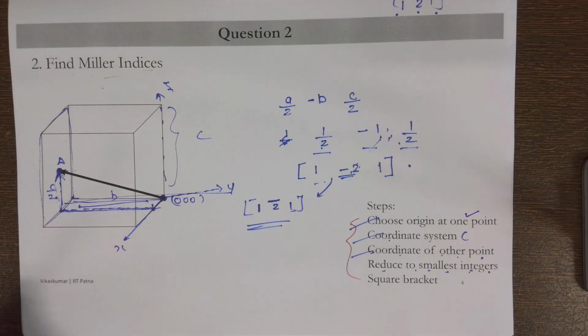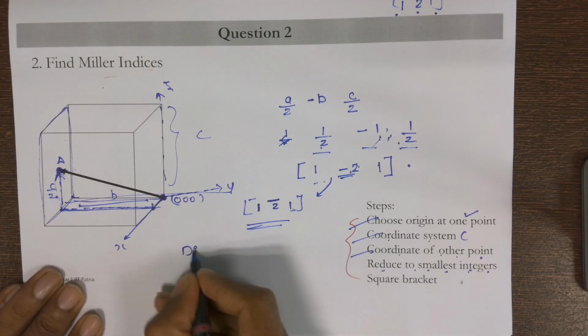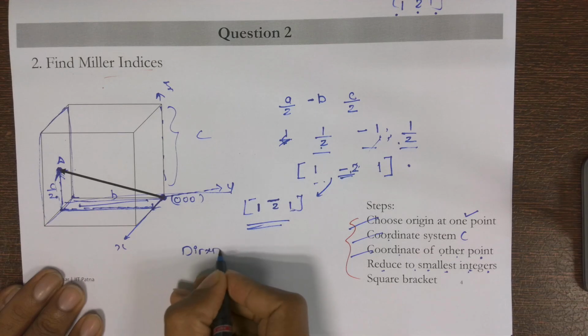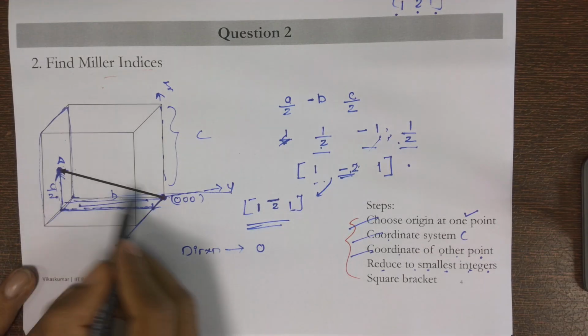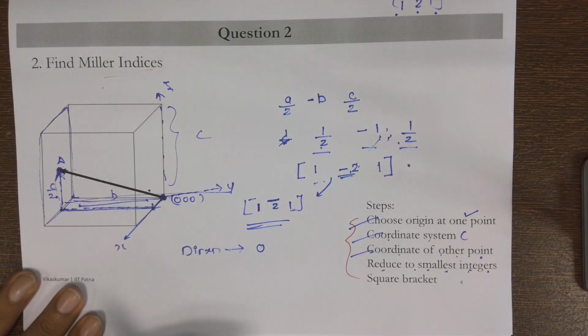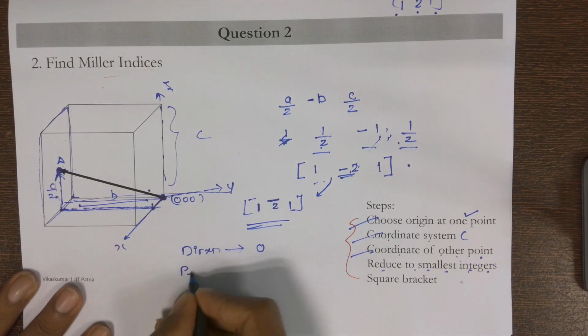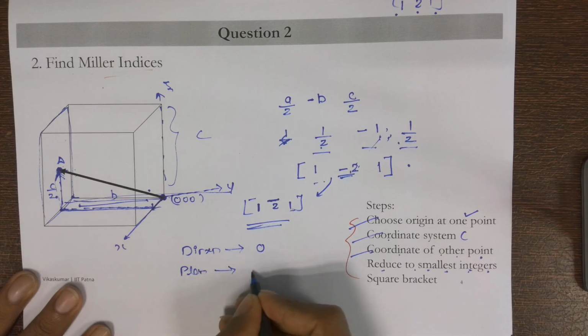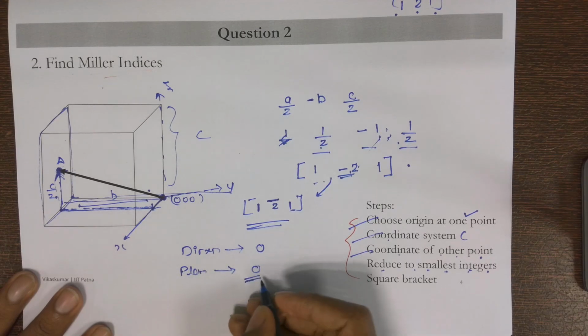Clear? That's great. One important point to note down: while defining a direction, we choose the origin at one of the direction's points, which will be on the direction. But for a plane, we have to make sure that our origin should not lie on the plane.